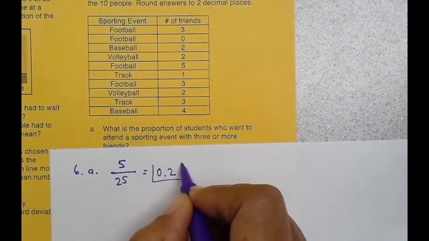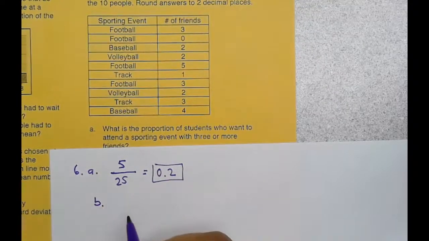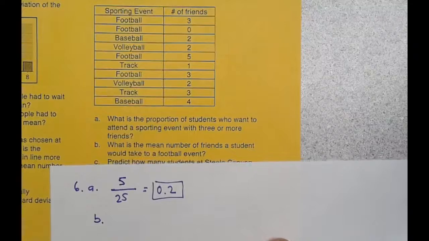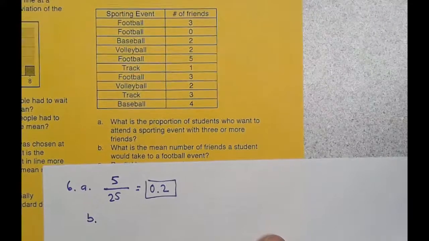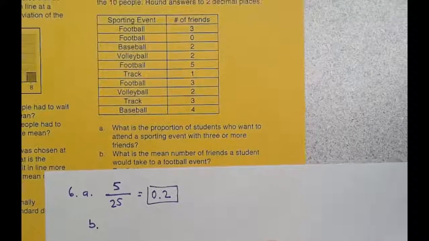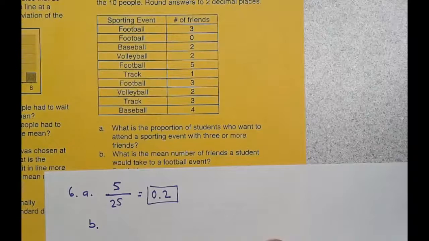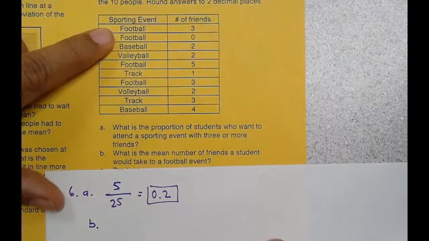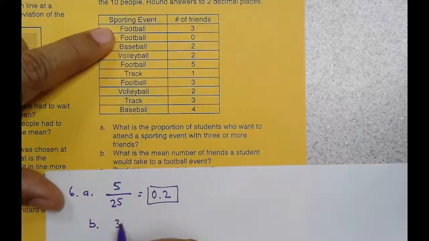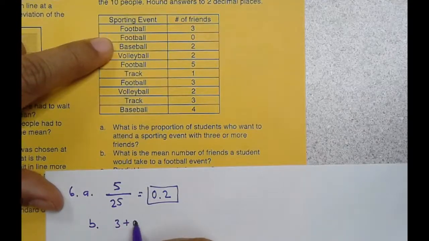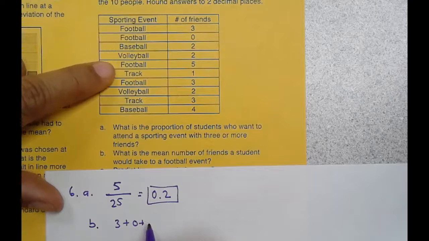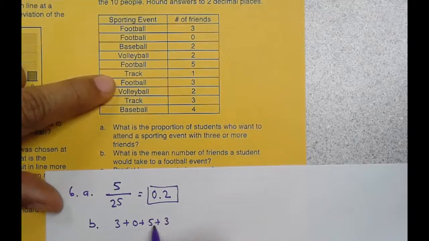And part B asks us to find the mean number of friends a student would take to a football game. So we're going to look at just football games and find the mean number of friends taken there. So let's look at the football. So there's 3 friends, 0, then we have 5, and 3.